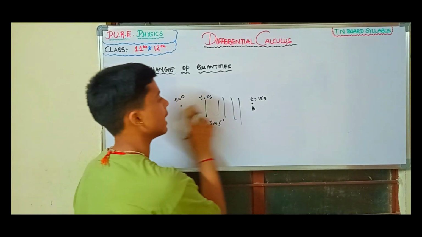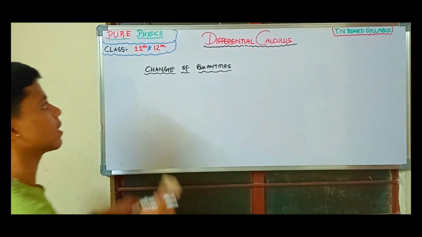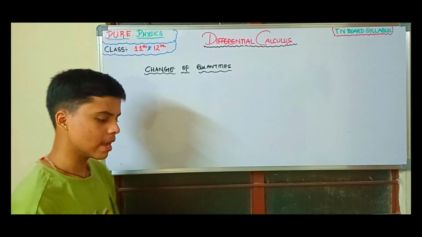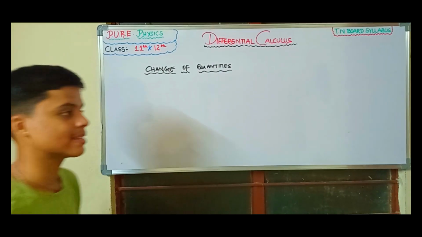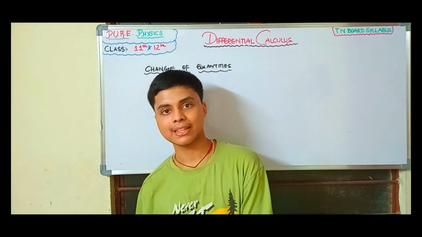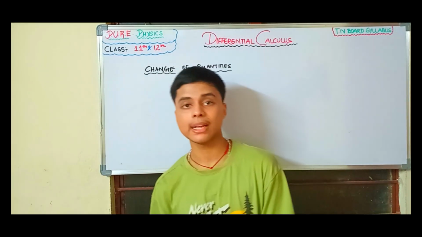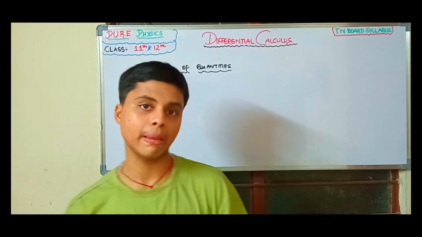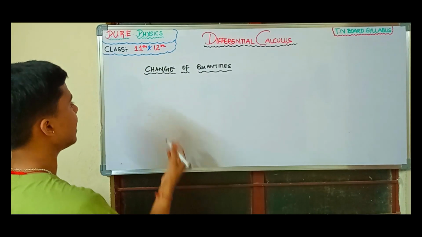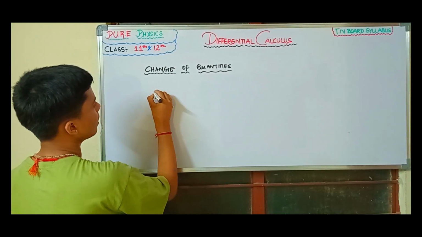So that change in velocity is called a change of quantities, and it applies to any other quantities, not only velocity, like temperature. If a temperature changes from 70 degrees Celsius to 80 degrees Celsius, or 70 degrees Celsius to 60 degrees Celsius, there is a change in temperature, so we will represent it by a notation called delta.